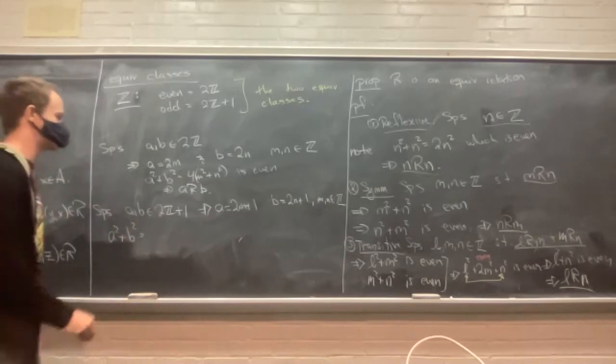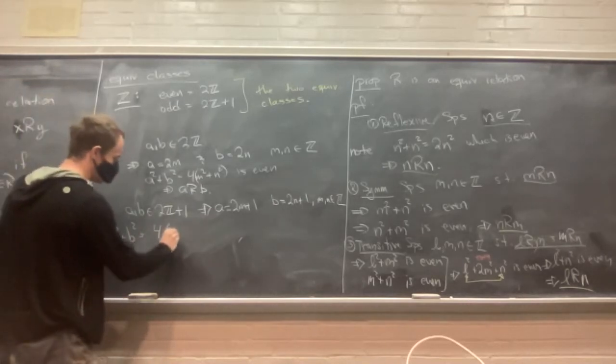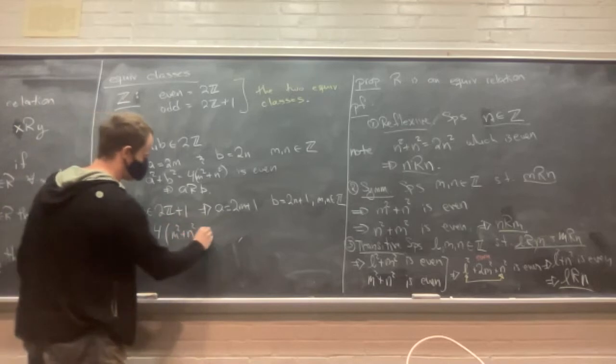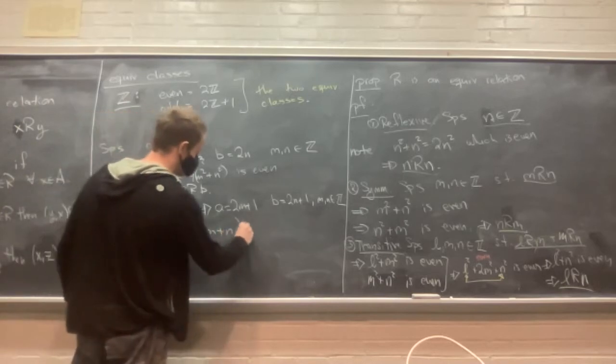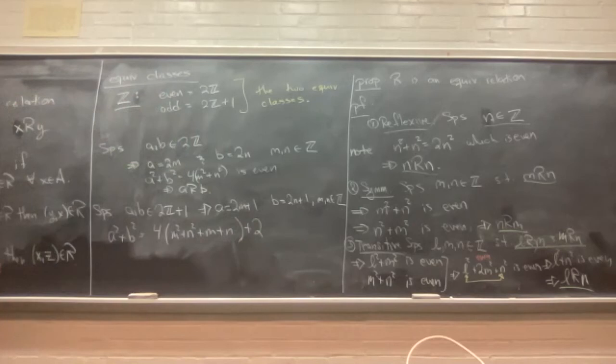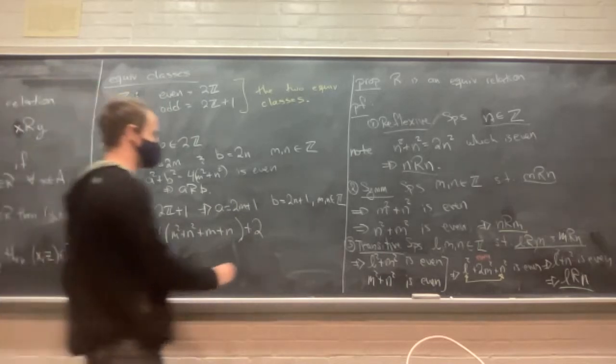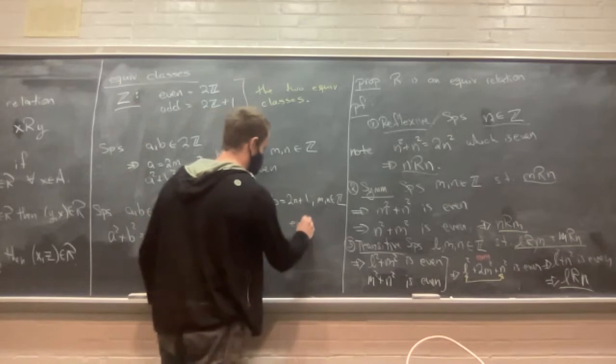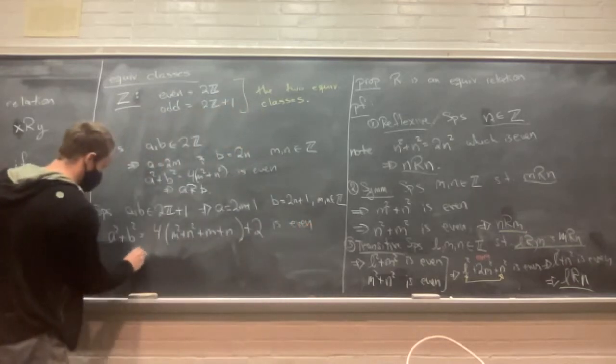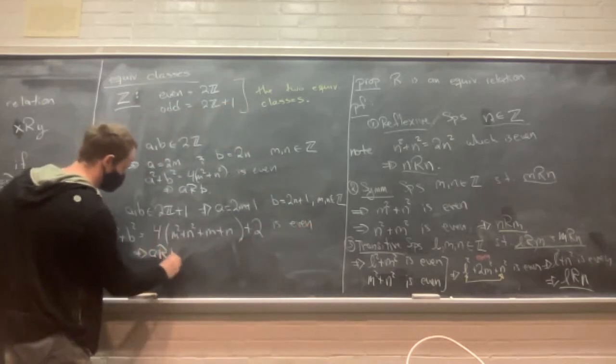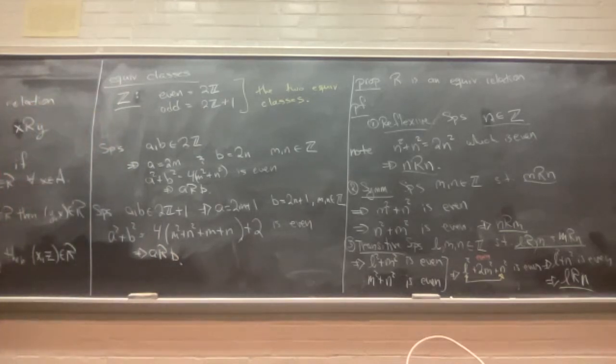Well, that's going to be equal to 4 times M squared plus N squared plus M plus N plus 2. You can get that just from multiplying it all out. It's not too hard to check that. That's just like foiling out 2M plus 1 and 2M plus 1, both squared. But this is even. But then that tells us that A is related to B. So in other words, all odd numbers are related to all other odd numbers.